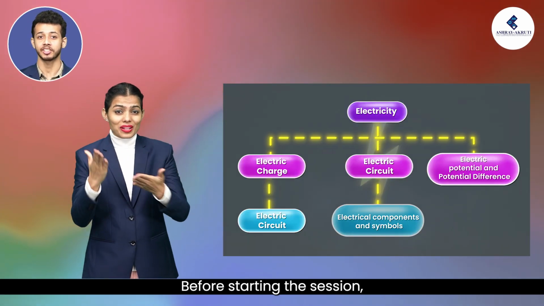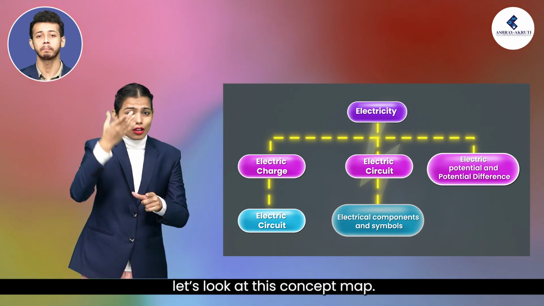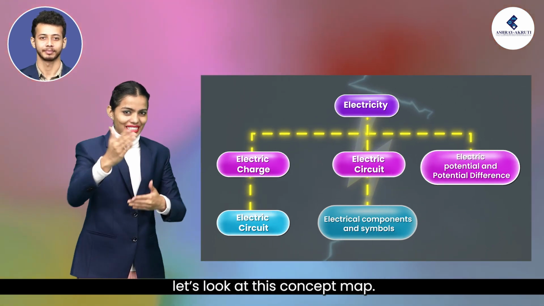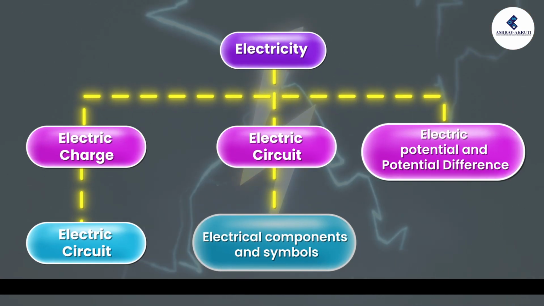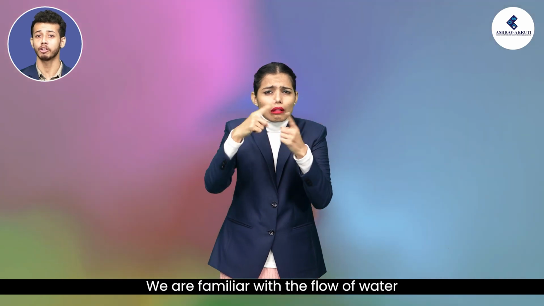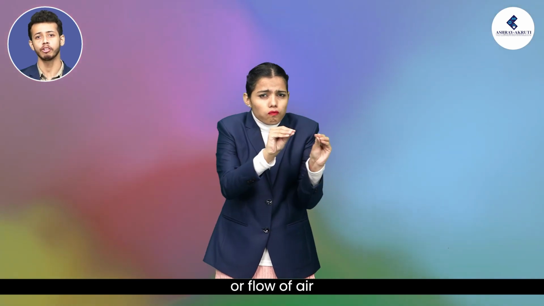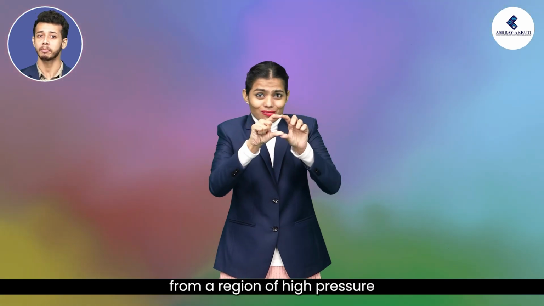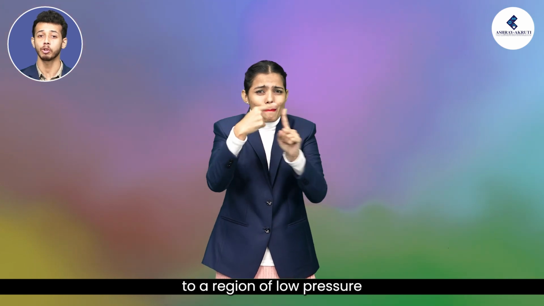Before starting the session, let's look at this concept map. We are familiar with the flow of water through a channel or the flow of air from a region of high pressure to a region of low pressure.